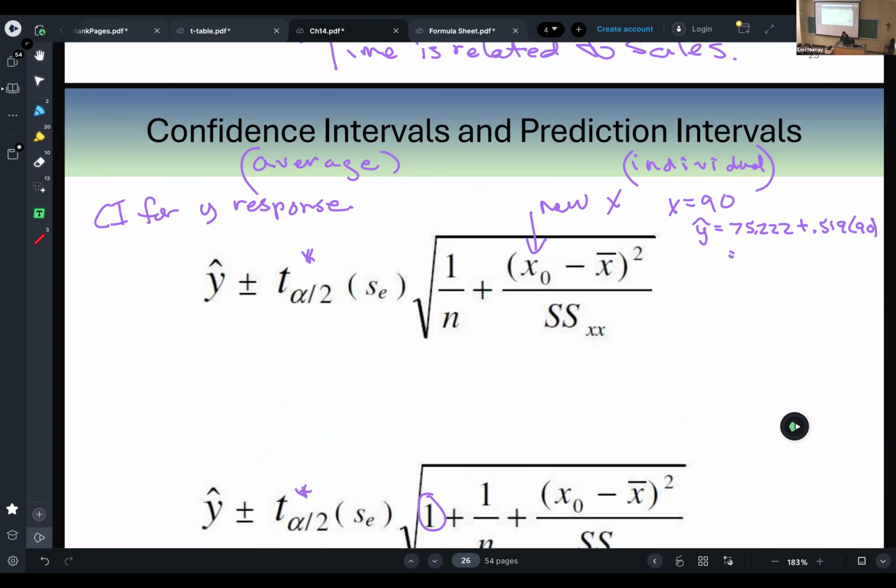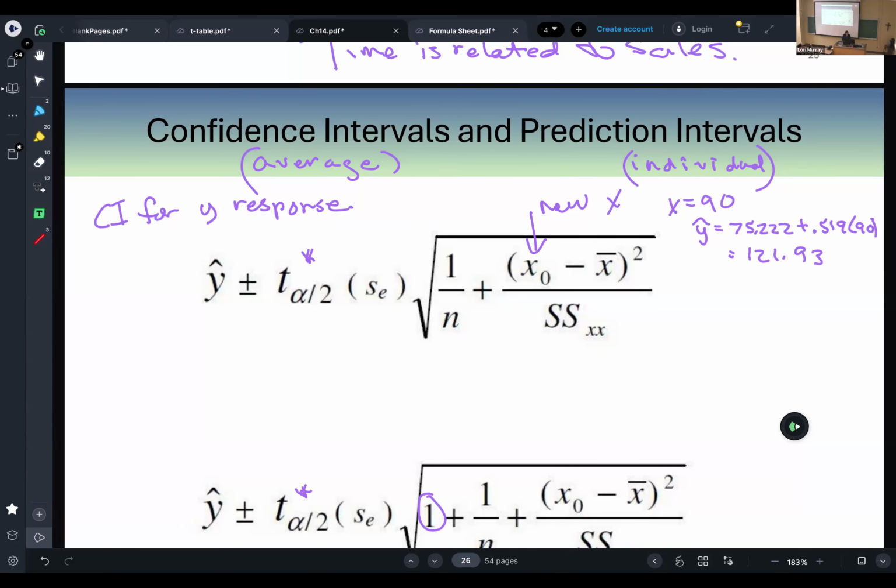And what do we get for that value? 75.222 plus 0.519 times 90 is going to give me $121.93.